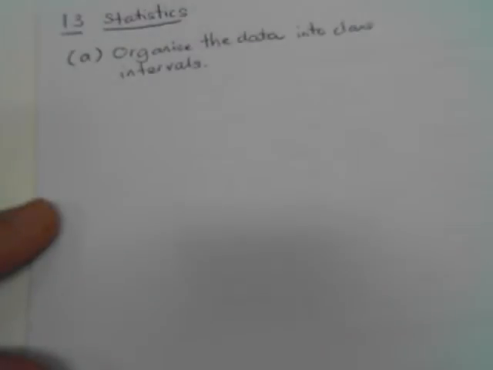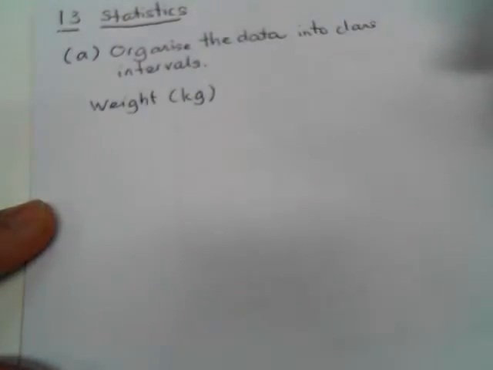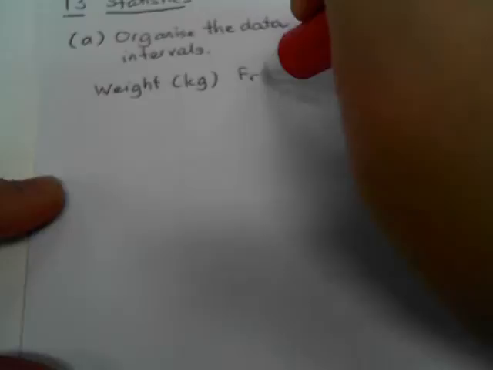So we can categorize this into groups of weight, one of the columns being weight in kilograms, and the other, of course, would be our frequency.